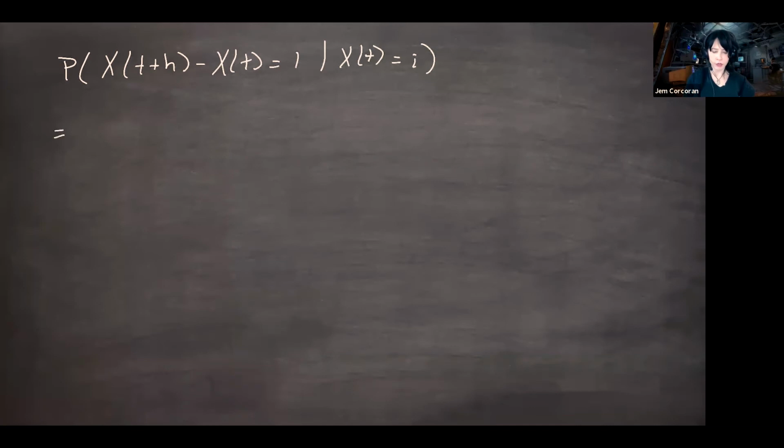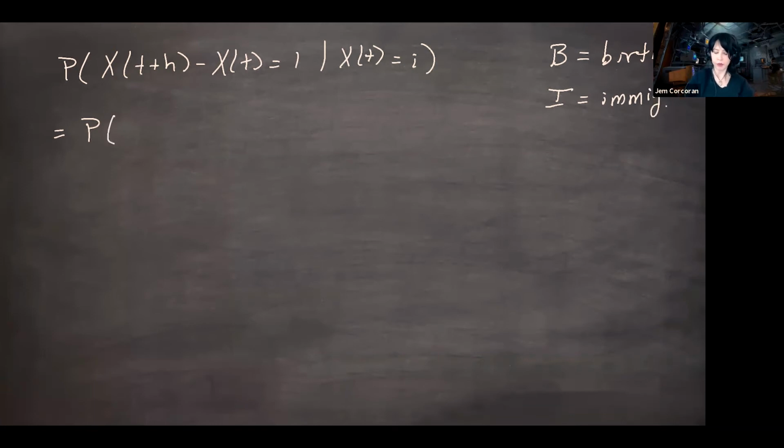So this is the probability of, I should label this stuff. B for birth and I for immigration of one individual into the population.